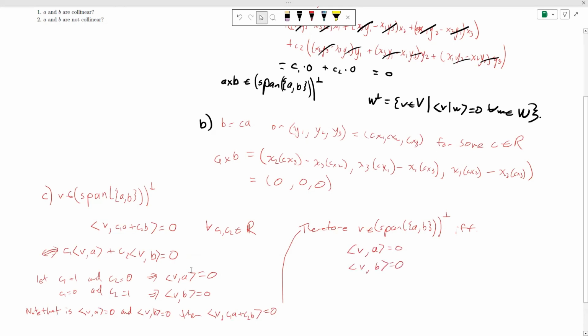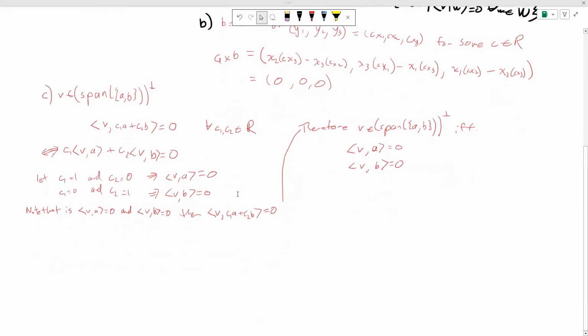Now, what's so nice about this is that if we expand this out, we get that V1 x1 plus V2 x2 plus V3 x3 equals 0, and V1 y1 plus V2 y2 plus V3 y3 equals 0.